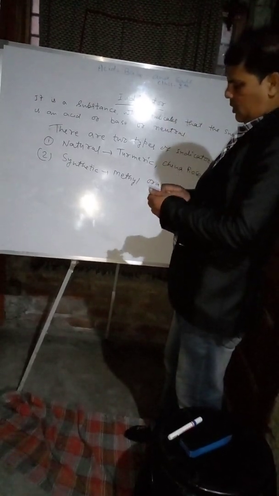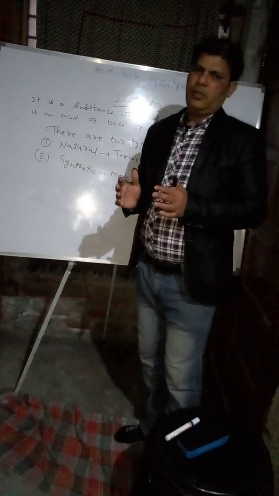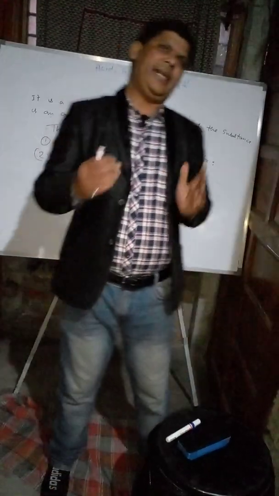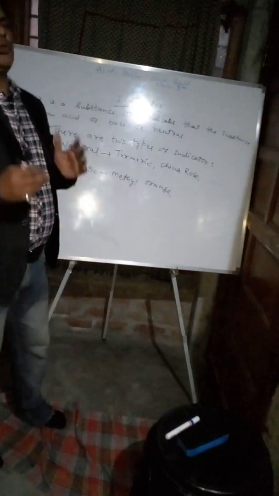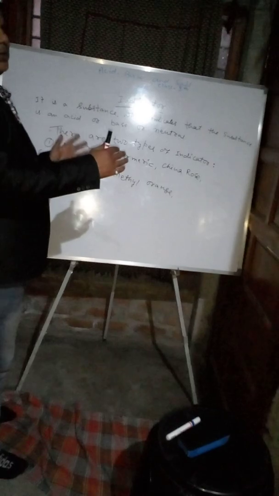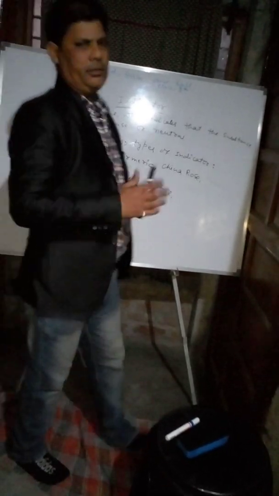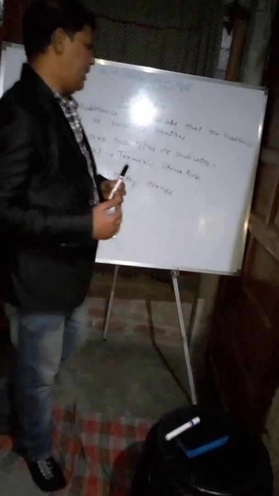Now think about the chemical properties. Chemical properties means chemical reaction, means what happens when acid is reacted with chemical substance, or base is reacted with other substance, what I will get.